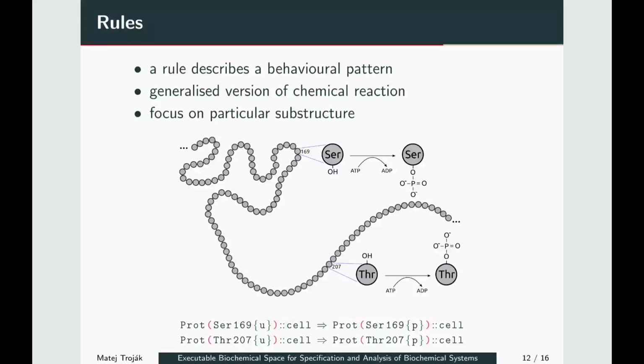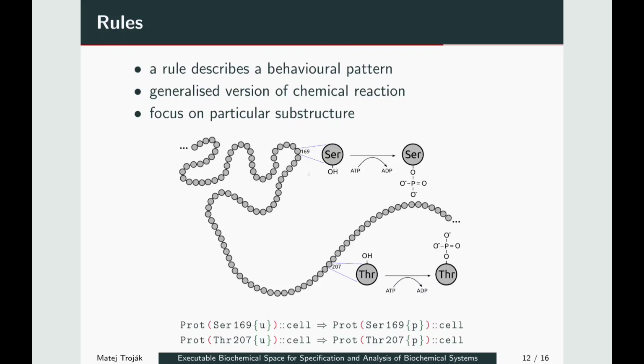All these agents are used in a rule. A rule describes a pattern according to which agents can be changed. It's important that it's a generalized version of chemical reaction, and we can basically omit all the context which is not important.